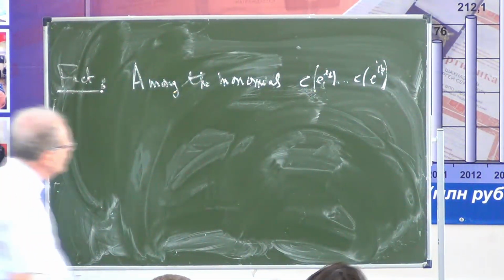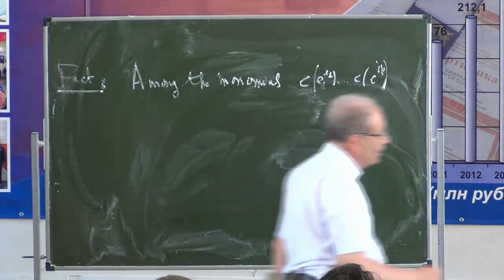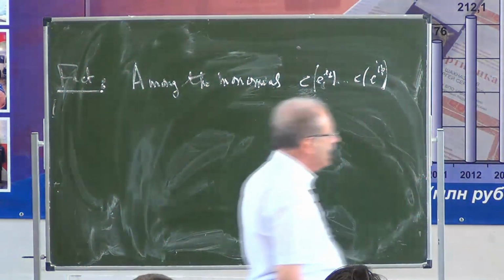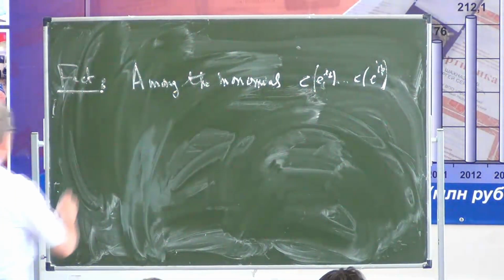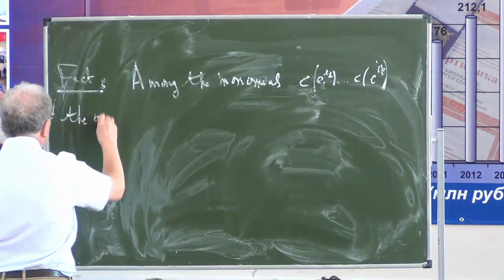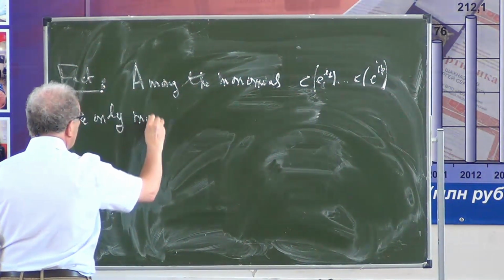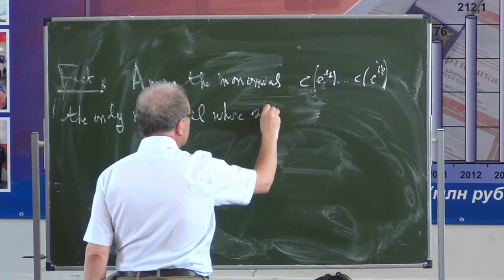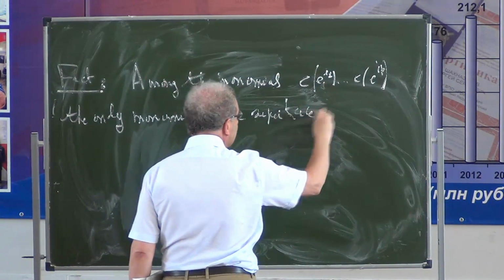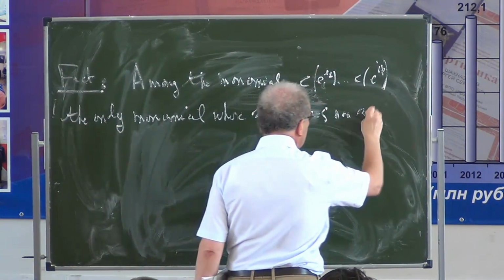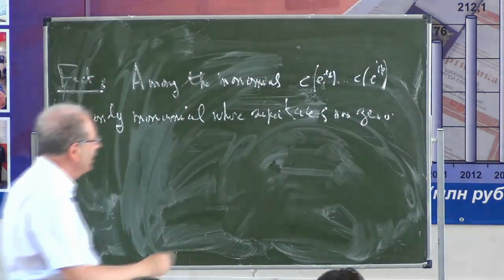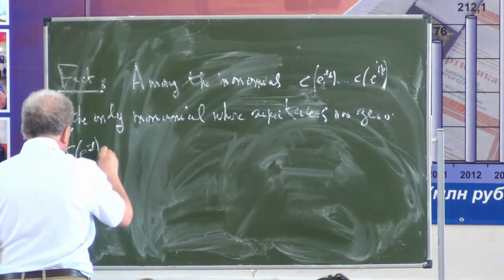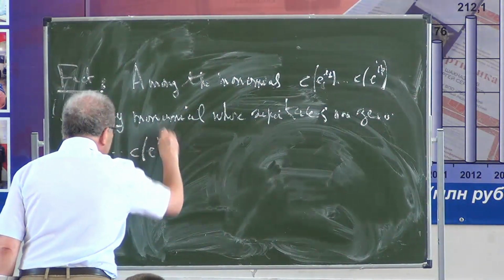These monomials span the Clifford algebra as a vector space, since these ones span the exterior algebra as a vector space. The only monomial whose supertrace is non-zero is exactly given by c(e1), c(e2), ..., c(en).